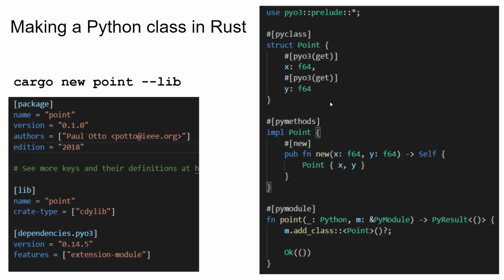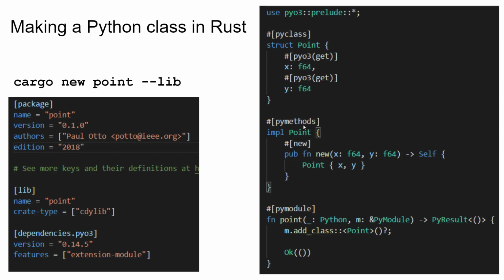The actual Rust code to implement a Python class relies on PyO3's attributes, so specifically the pyclass, to define a Python class. Rust isn't object-oriented, so you define a structured data type instead. And then you can define the accessors, that these variables are going to be accessors for the Python class.